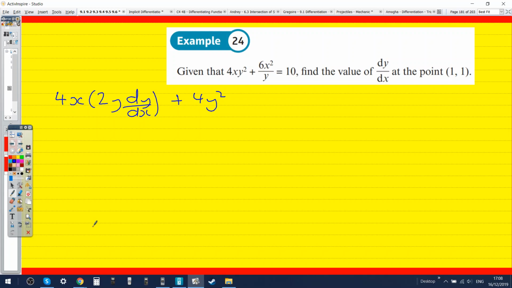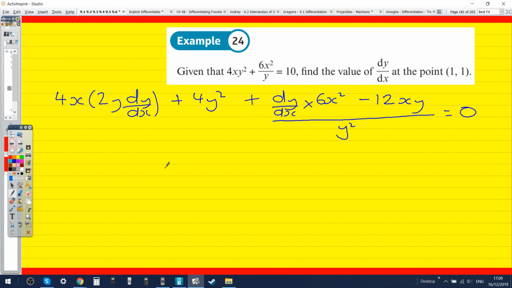So that would be dy over dx times 6x squared minus 12xy over y squared, the whole thing, and then equal to 0.